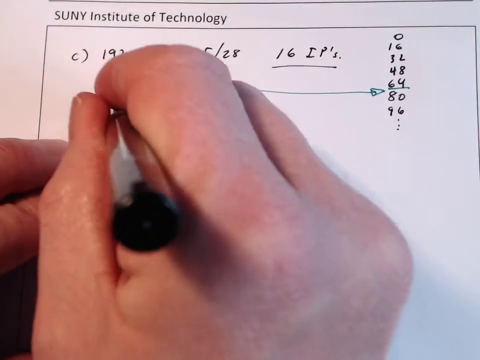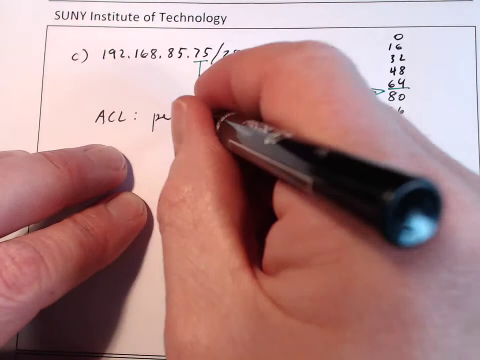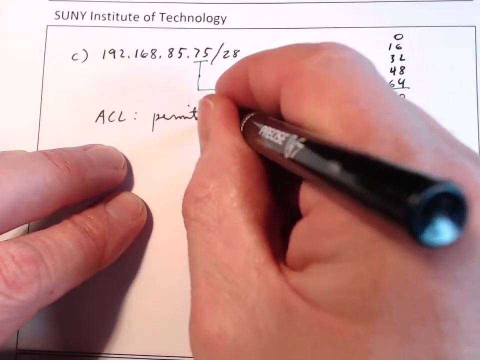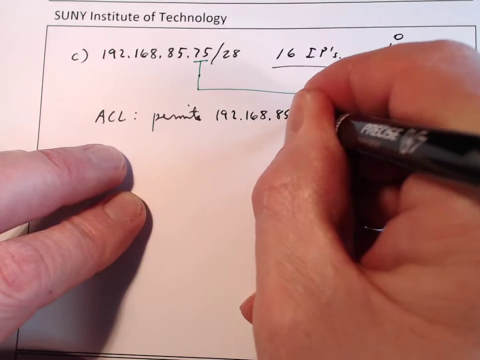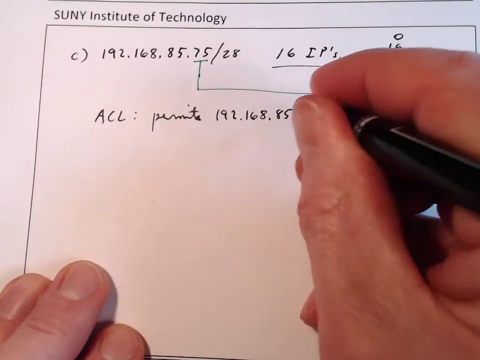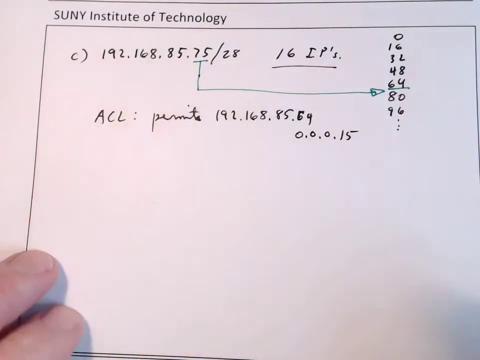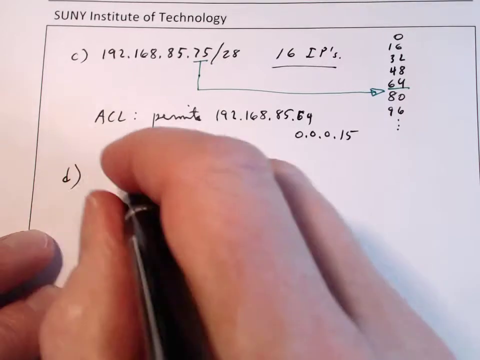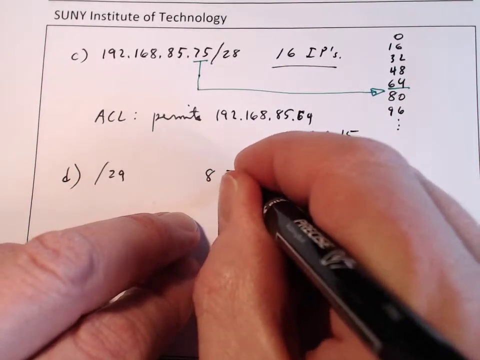So the ACL is permit 192.168.85.64 0.0.0.15. For part D, it's a /29, which has 8 IPs.